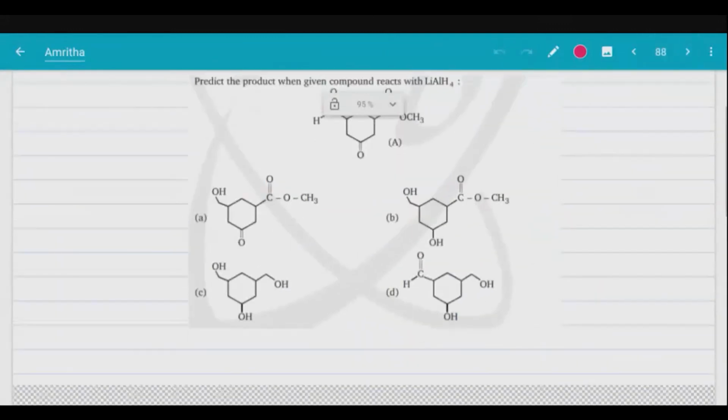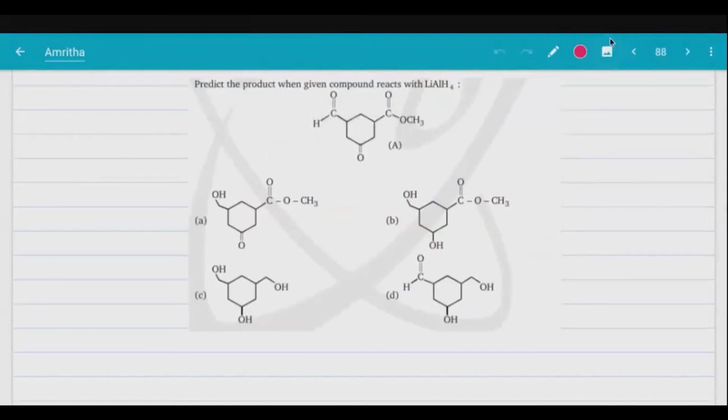Okay, so this question is about reduction with a very strong reducing agent, lithium aluminum hydride. Lithium aluminum hydride is one of the strongest reducing agents.